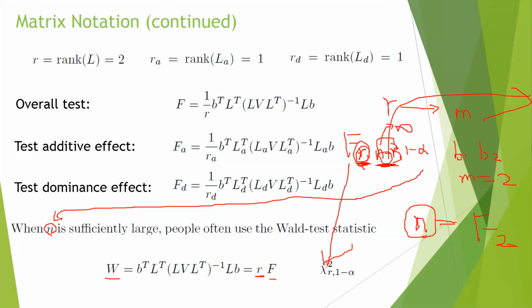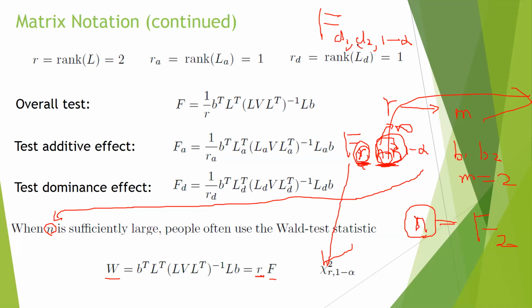But how many parameters have we estimated from the model? 3, right? We estimated B0, B1, and B2. So in F, we have 2 degrees of freedom, D1 and D2, and this is the significance level.